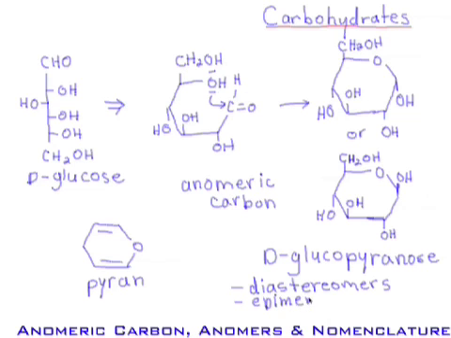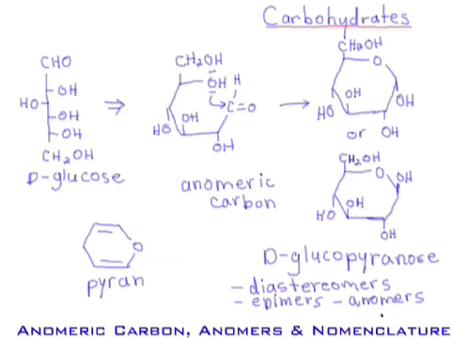Lastly, you should note that the chirality differs at the anomeric carbon only. Hence, a special type of epimer is the anomer. They are anomers of each other. Anomers are epimers that differ in chirality at the anomeric carbon only.